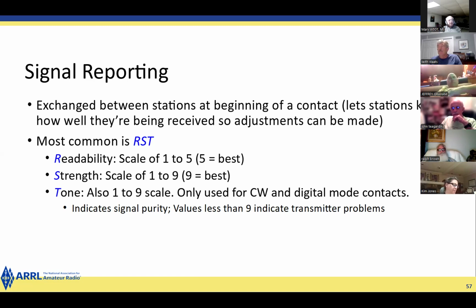Well, that's telling me that they can't read me very well, and the strength of my signal to them is not very strong. So what I'm going to do at that point is slow down. I might knock off 5 or even more words per minute so that he can understand me better. That is when I'm sending CW.